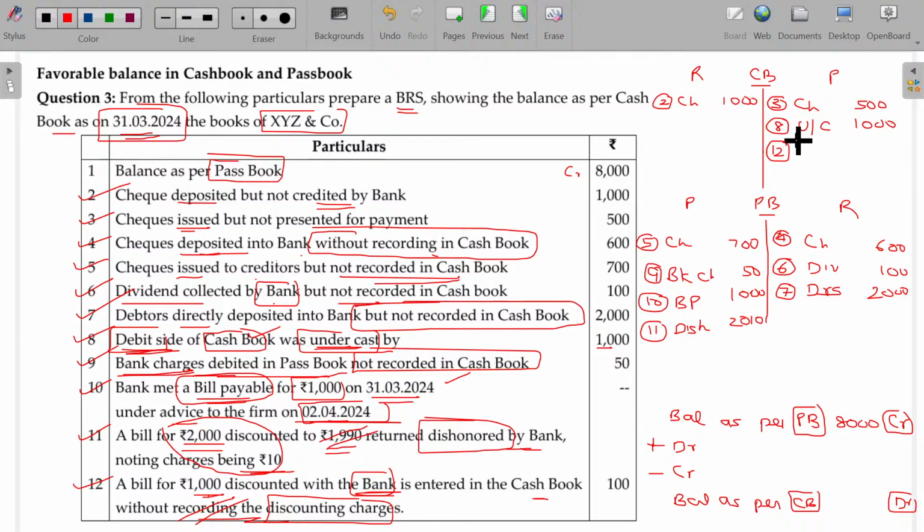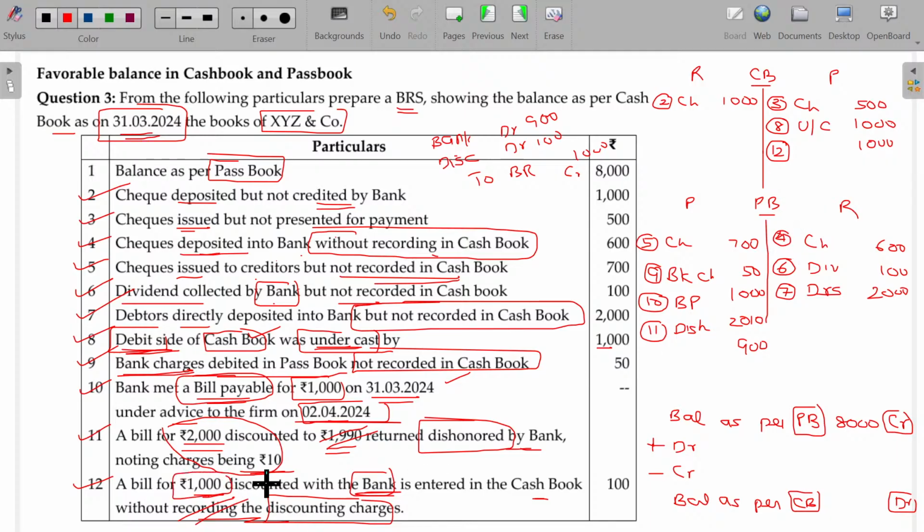What happened, when you discount with the banker, what is the journal entry? Bank account debit, discount account debit to bills receivable account. 1000 amount, collected is 900, 100 rupees is the discount. In the bank they will record 900, but they have recorded 1000 wrongly. Clear.